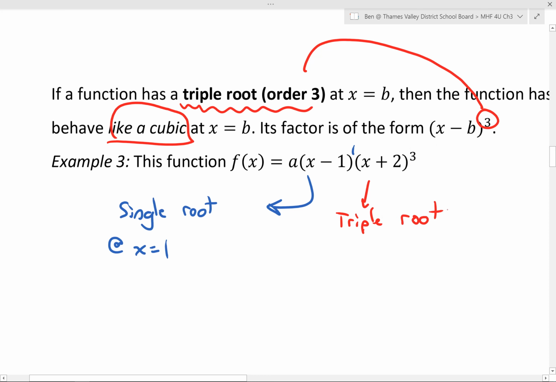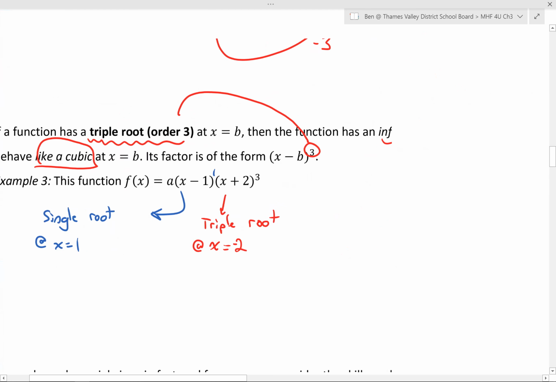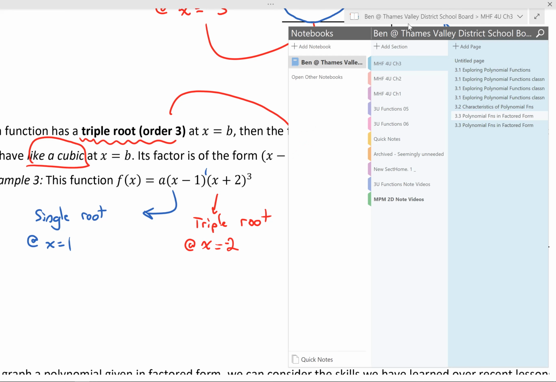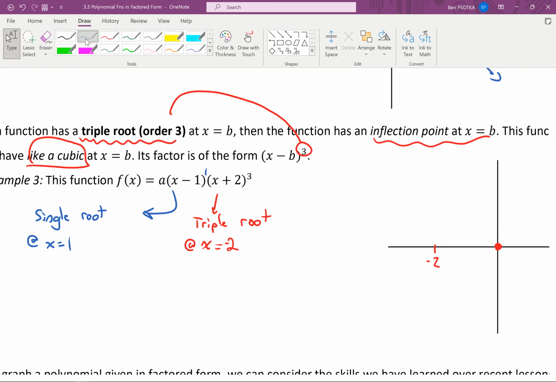It's a triple root at x plus 2, x equals, sorry, negative 2. Okay, so let's erase the work that we put in at first. A triple root at x equals negative 2. A single root at x equals positive 1.